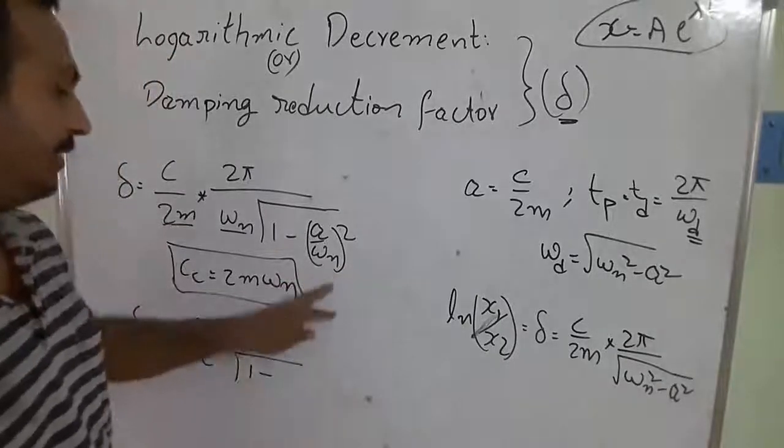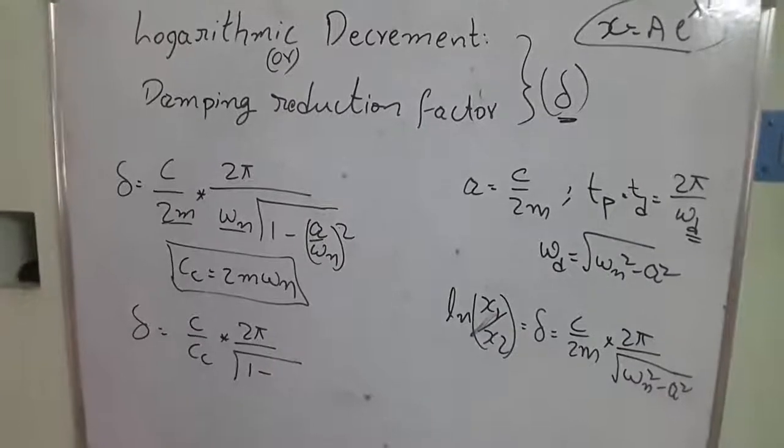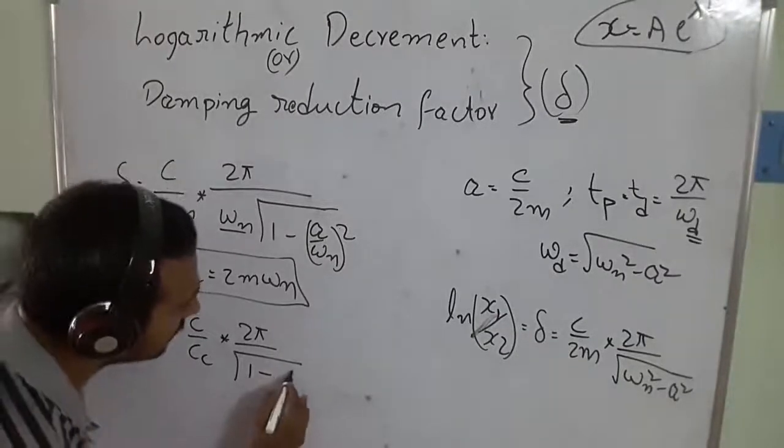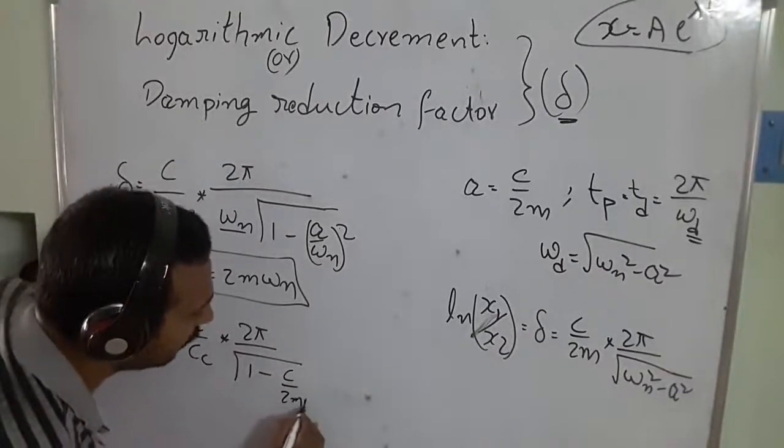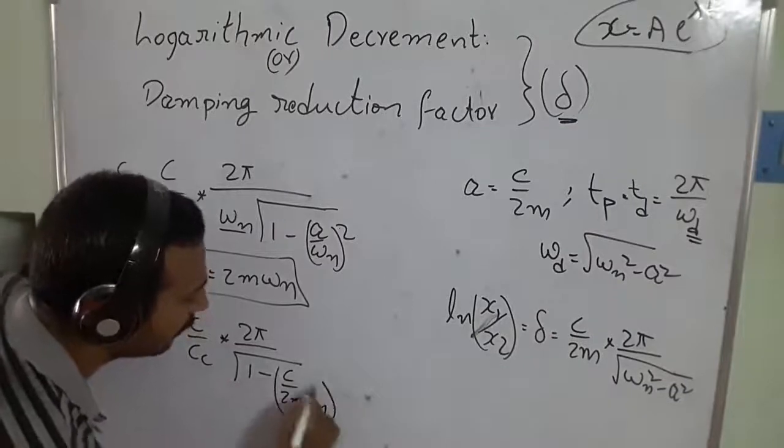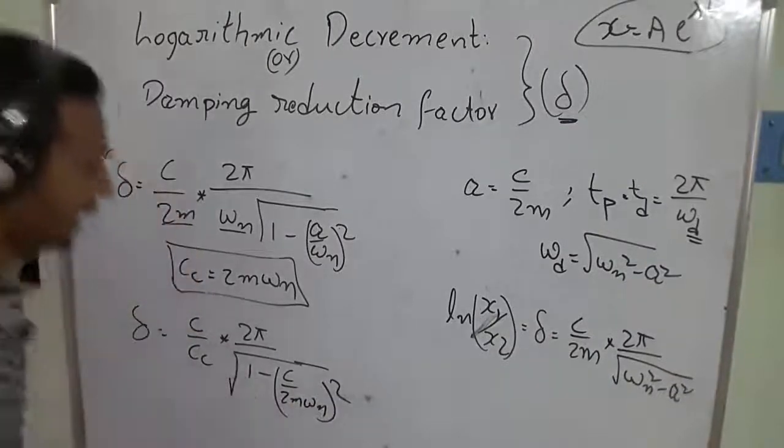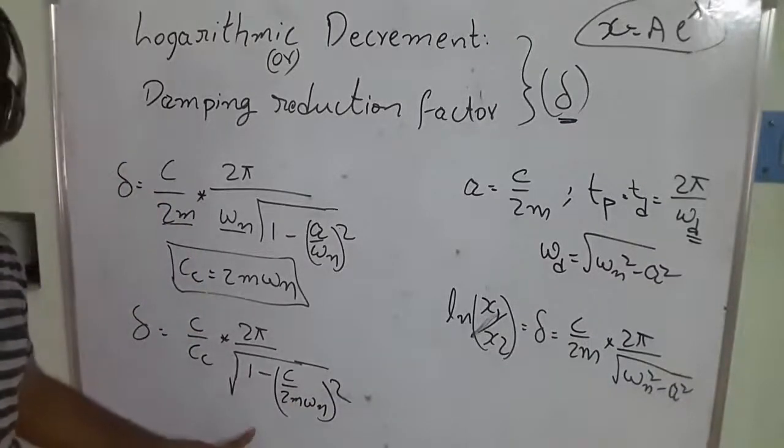And after the simplification, we are getting this value. So that's going to be (c by 2m omega n) whole square, we got it. Right? This is the equation we have seen.